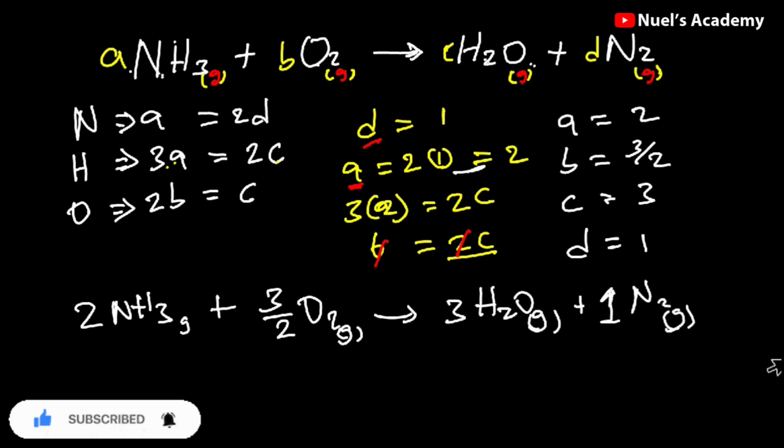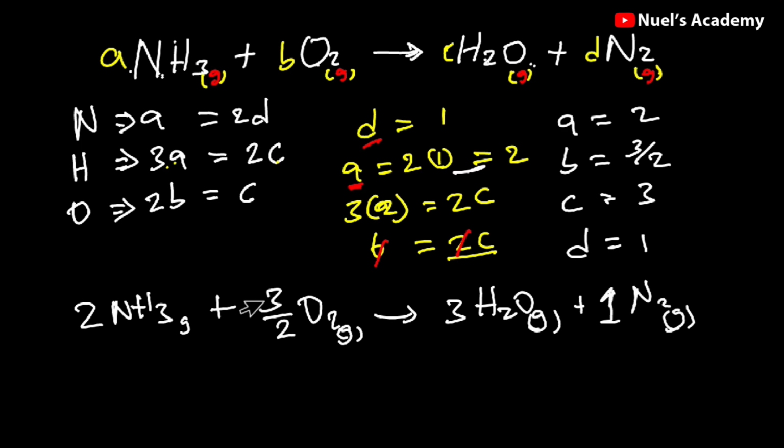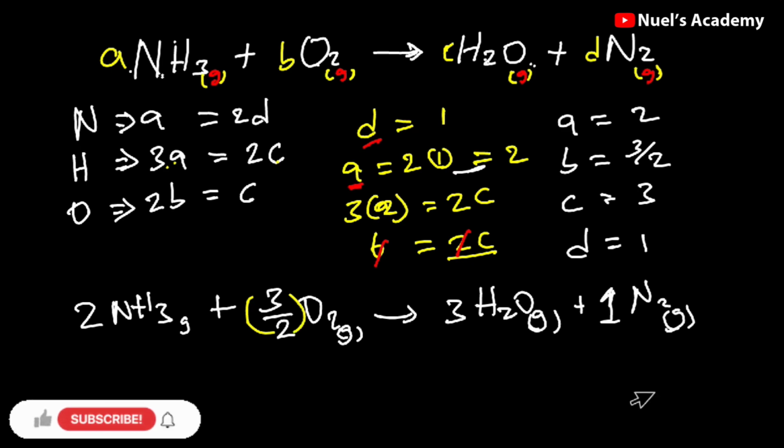But as we all know, we can't have a fraction in a balanced chemical equation, so we don't have a fraction as a mole. We are going to multiply all the moles here by 2, because 3 over 2 multiplied by 2, these 2 and these 2 will cancel, and we'll be left with a whole number. To convert this fraction to a whole number, we're going to multiply everything here by 2.